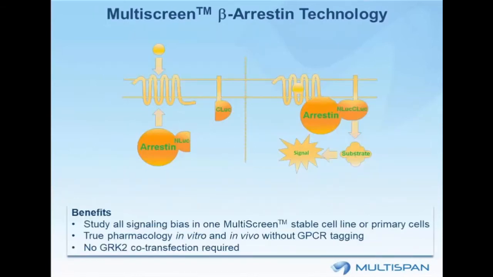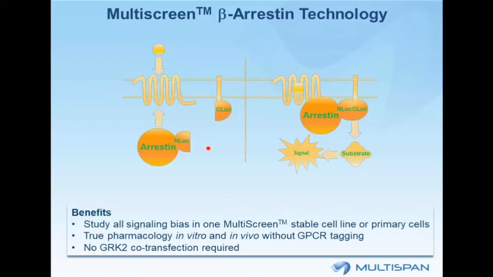So we have developed, in collaboration with some folks at Columbia, a multi-screen beta-arrestin technology. And this is what the technology is based on. Essentially, we have an arrestin, and the arrestin is tagged with the N terminus of a luciferase. And there is a C terminus of the luciferase, which has a membrane locator sequence, so it basically gets stuck in the membrane.